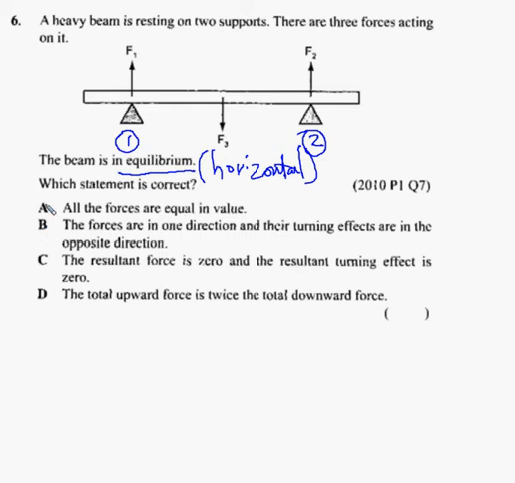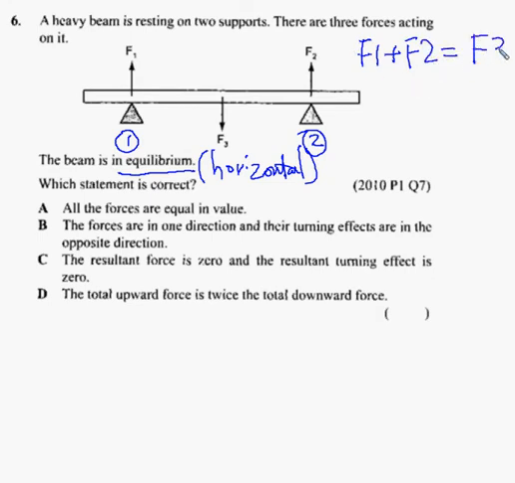Look at option A. All the forces are equal in value. In this case, it's not easy to determine because it's just saying that the upward forces F1 and F2 are in balance, so F1 plus F2, the upward forces, is equal to F3.